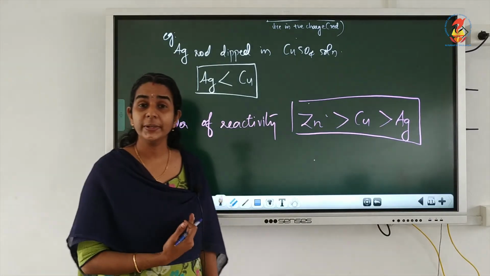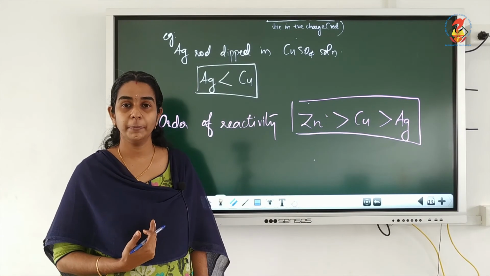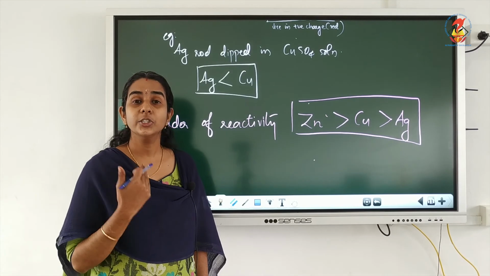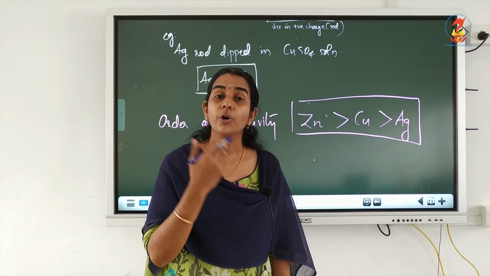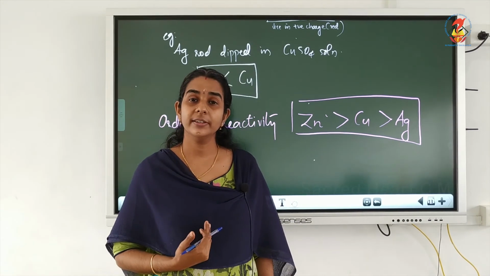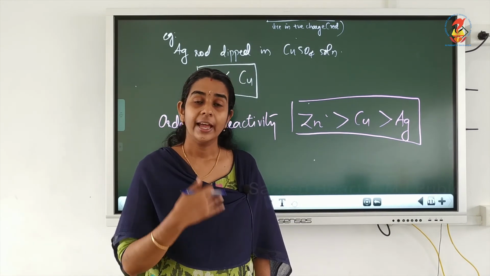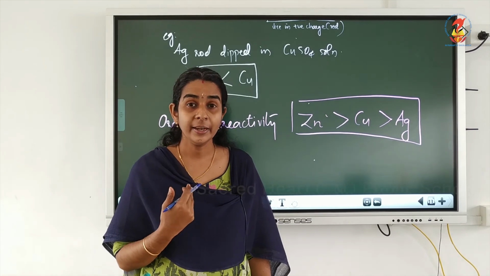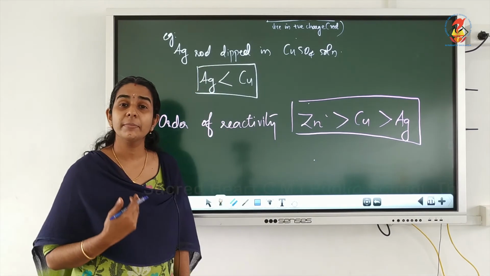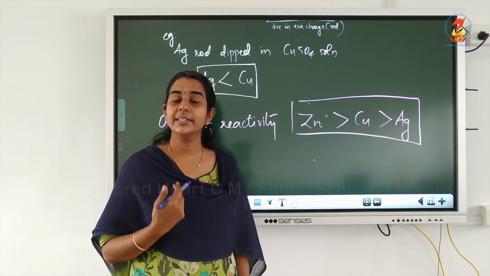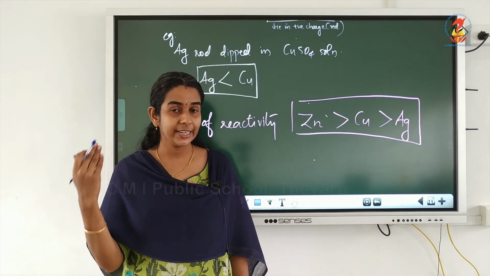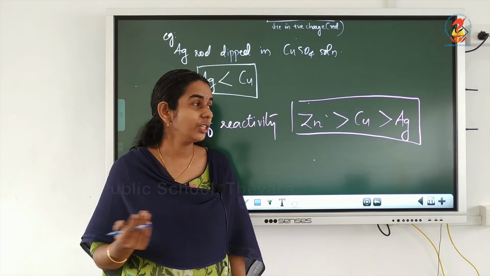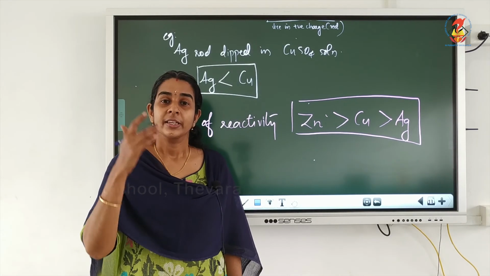So this competitive electron transfer concept is used. By this method, we can study the order of reactivity of different metals, and using this we can prepare the electrochemical series. Electrochemical series is also known as activity series, which you will study next year in class 12.